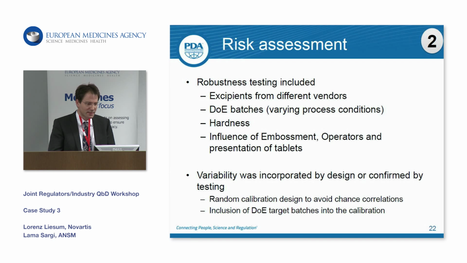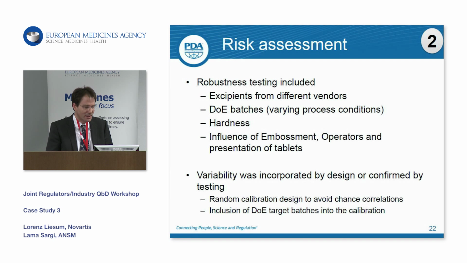When it comes to robustness, you also have to address potential factors which can have an influence on your predictive performance. This should also be anticipated in the form of a risk assessment. For instance, for this content uniformity NIR method, we also explored the influence of different excipients. We were also able to conduct and assist all the DOE activities where we had automatically varying process conditions.